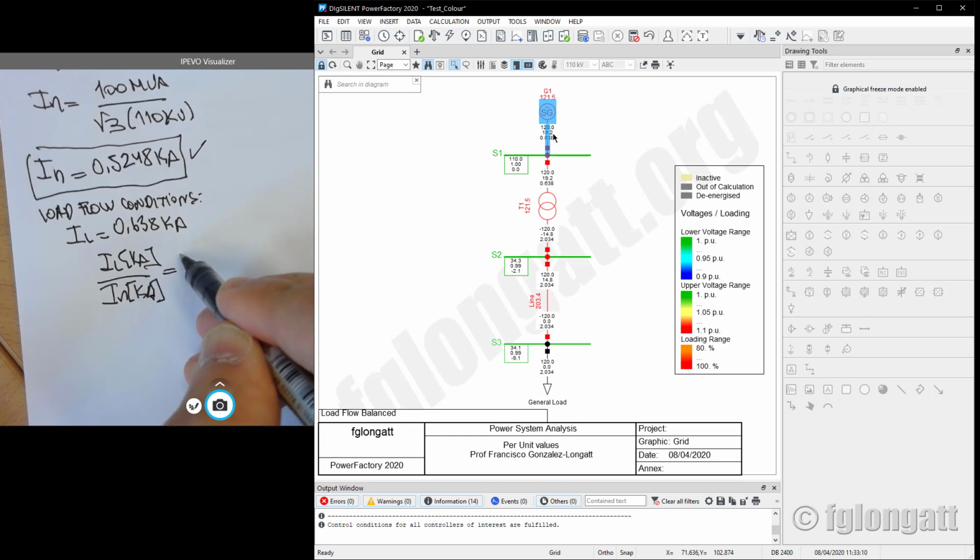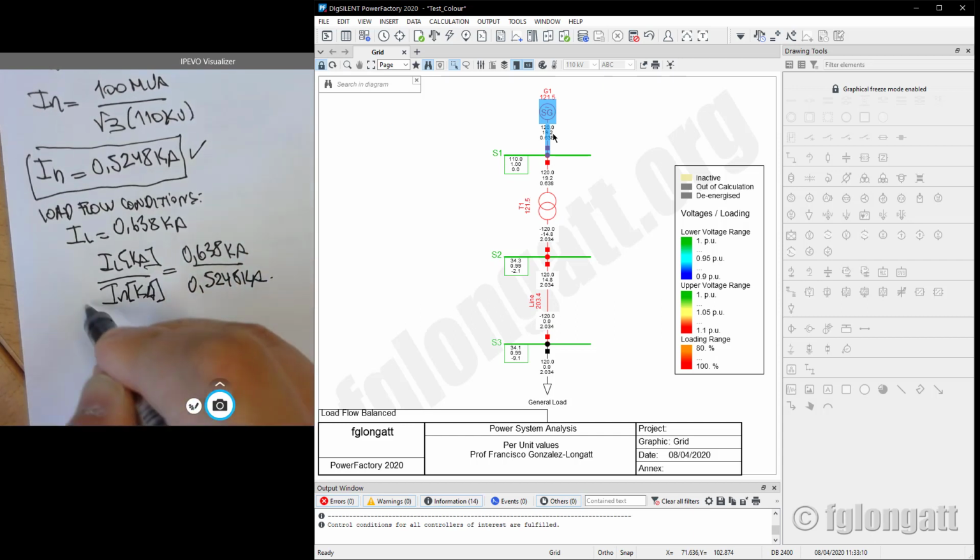If we do this, 0.638 kiloamps divided by 0.5248 kiloamps, that number will be 1.215.